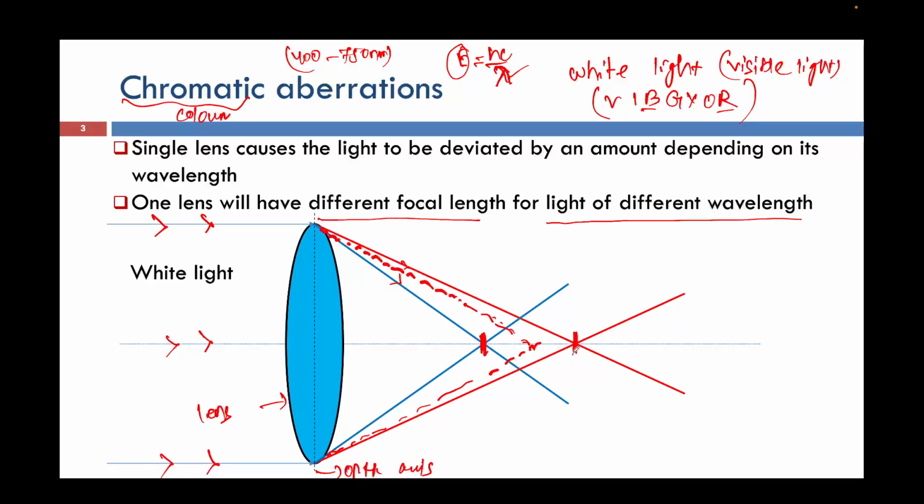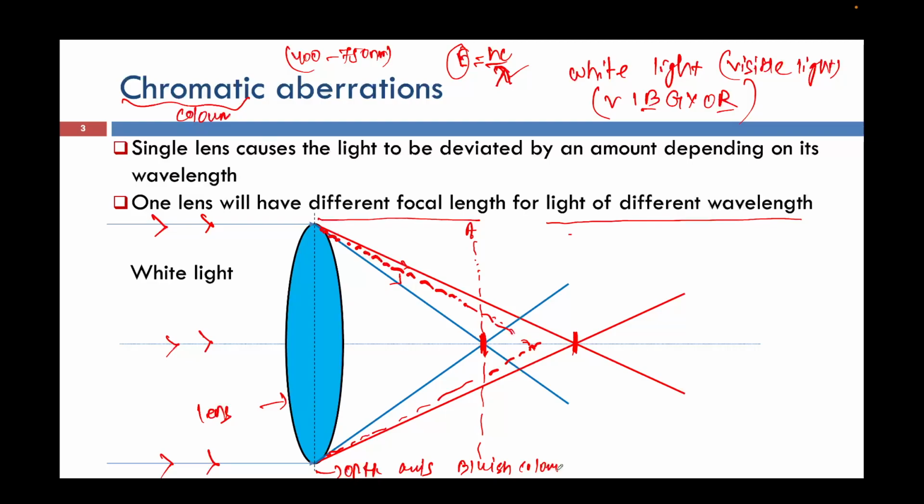Let's say I put my image plane, my detector, in this plane, let's say A plane, right? If I put my detector in A plane, then the image that I will get will be somewhat bluish in color. Why?